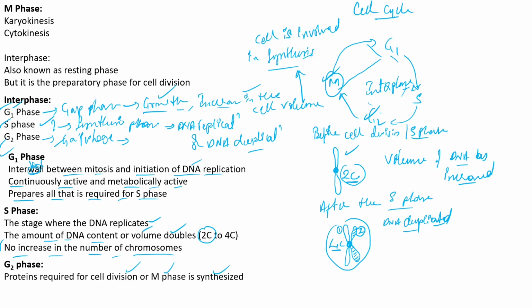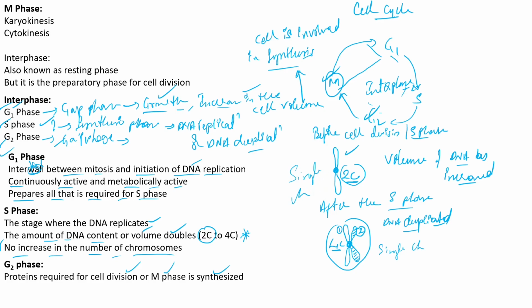I understand this point may be confusing for some students, but remember the number of chromosomes never increases. If we consider this as a single chromosome, and this is also a single chromosome, remember this.